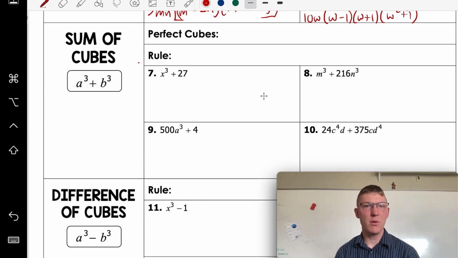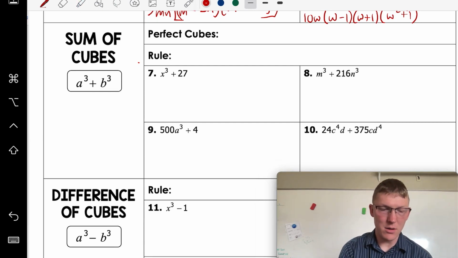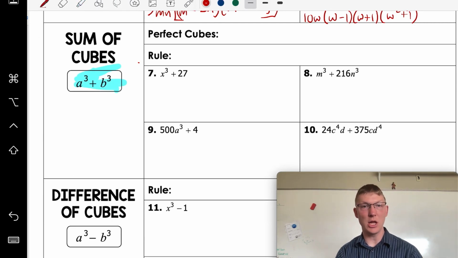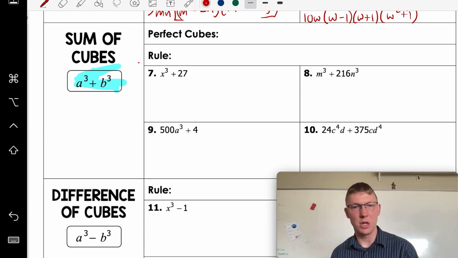Okay, just like we have a pattern or a rule for difference of squares, we also have a pattern and rule for a sum of cubes. So if you see a cubed plus b cubed, then there is a rule for that. So again, it's good to know some of your cubes.